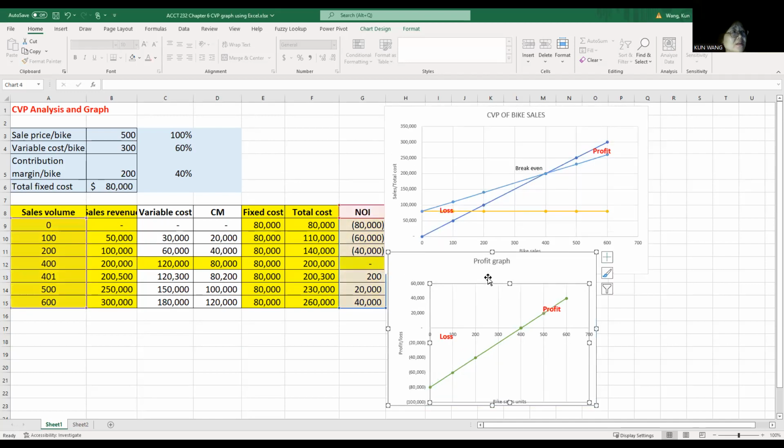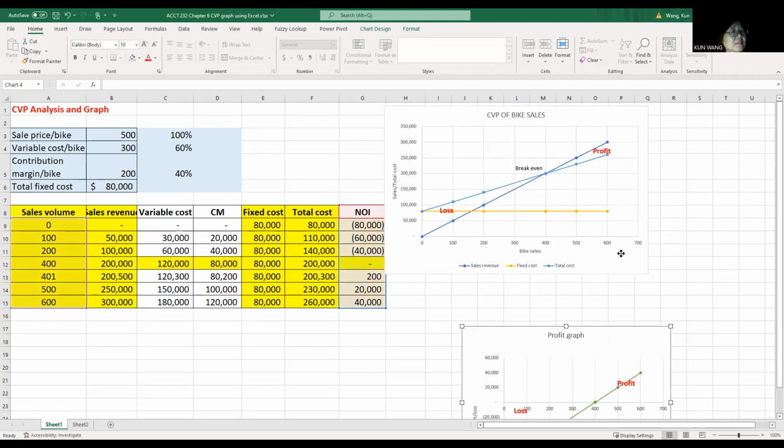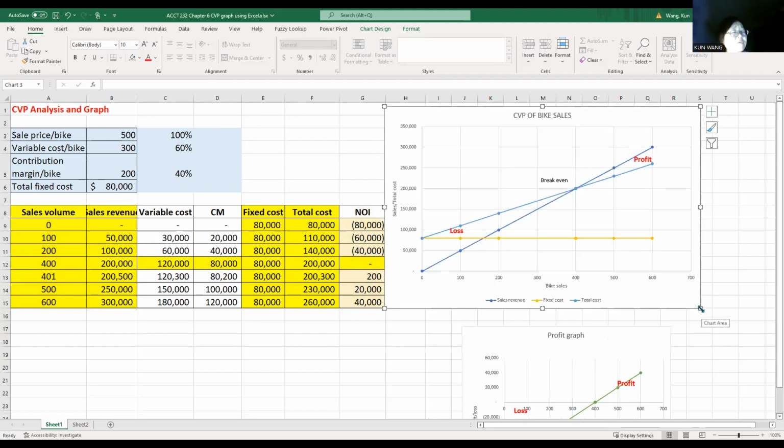So let me enlarge this. I made this by myself. It is another example, and I don't know if I shared this in the chapter 7 materials. If I haven't, I will put it in Blackboard under the course content. This is a bicycle, similar to the surfboard we talk about from the book.